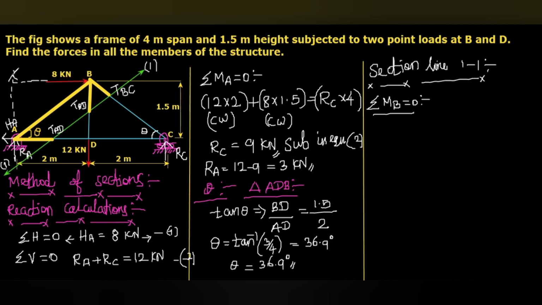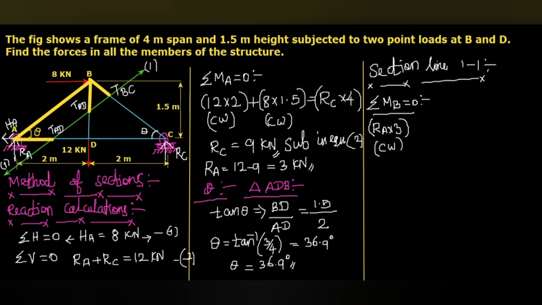With respect to B, RA multiplied with the distance, that will be in clockwise direction. So RA multiplied with 3, clockwise moment.